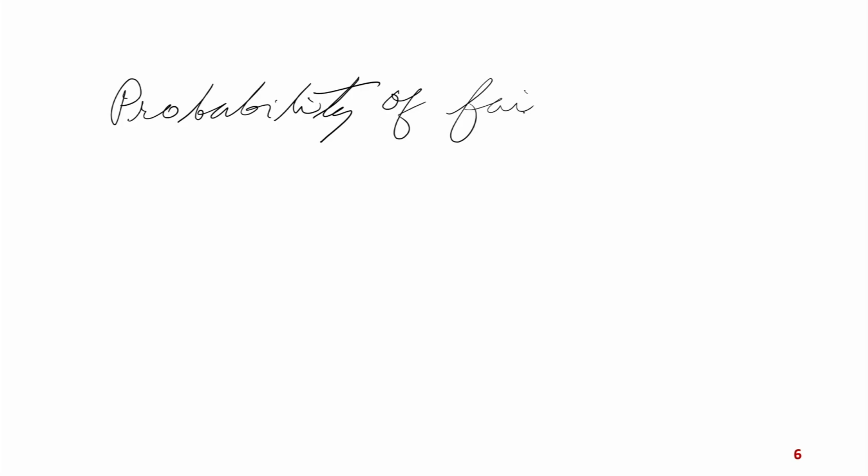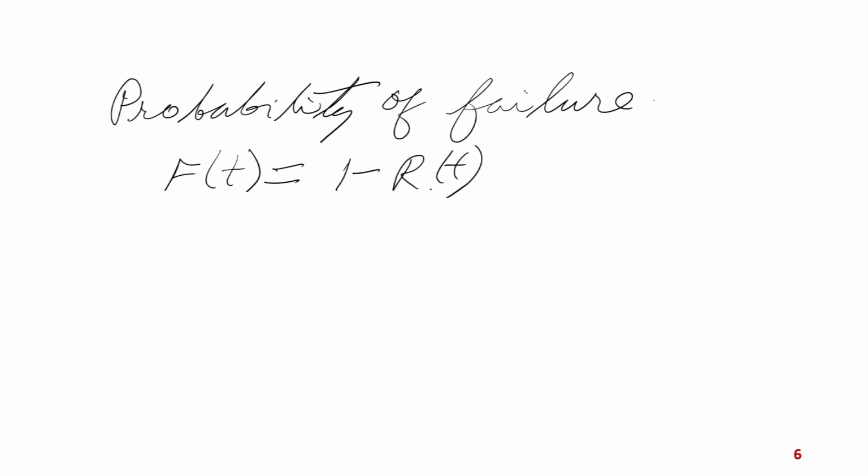So, I can write the probability of failure, F(t), is equal to 1 minus R(t). R(t) means P(T greater than t). What is capital T?